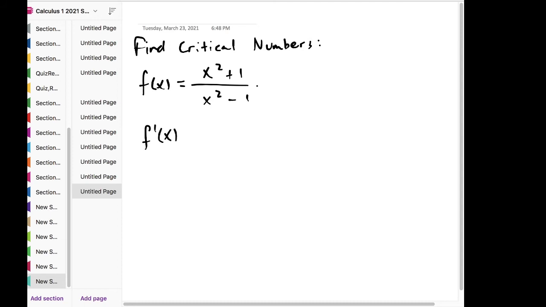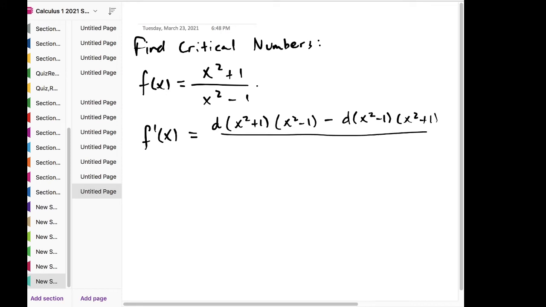What rule can we use to solve this derivative? Quotient rule. Yeah, so again, quotient rule is the derivative of the numerator times the denominator minus the derivative of the denominator times the numerator, divided by the denominator squared.